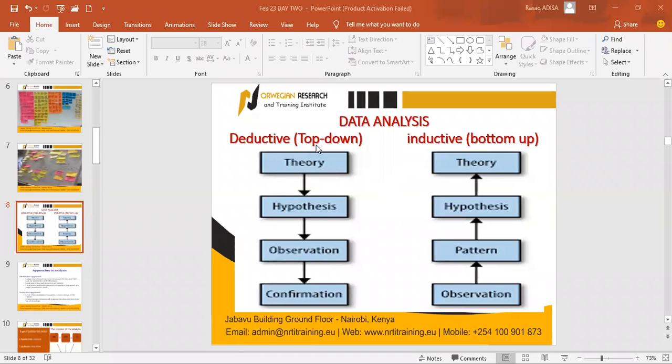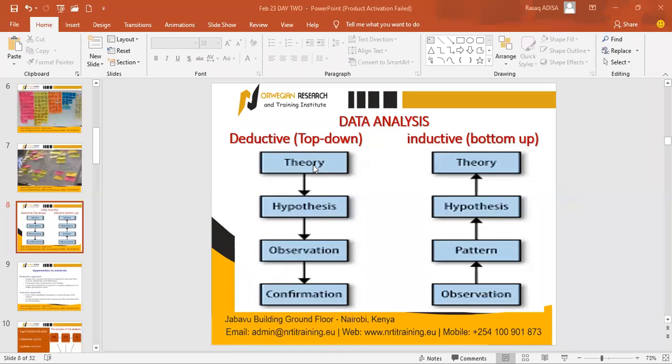So deductive is top down, and that is the quantitative. Quantitative begins from the top down to mere confirmation. So quantitative begins by going through theory, by looking at variables, by looking at how certain problems can be analyzed as discussed by theory.